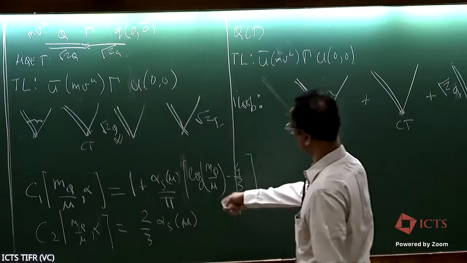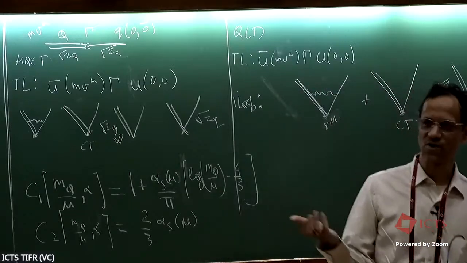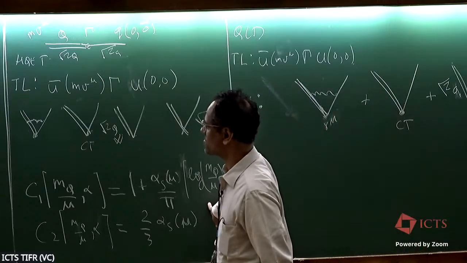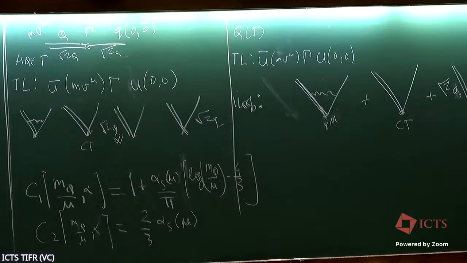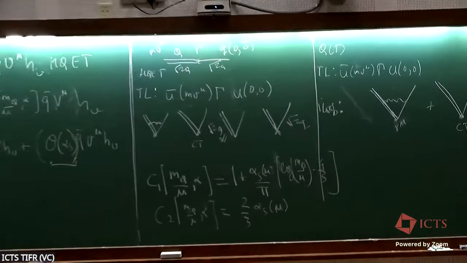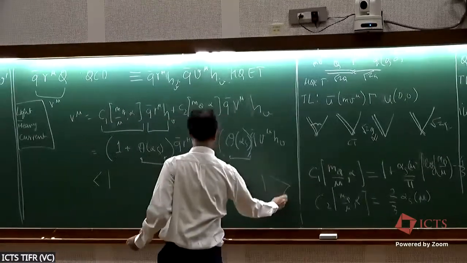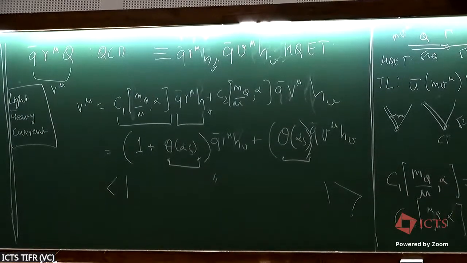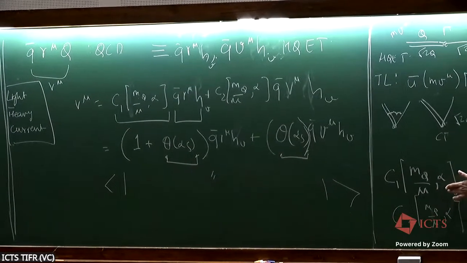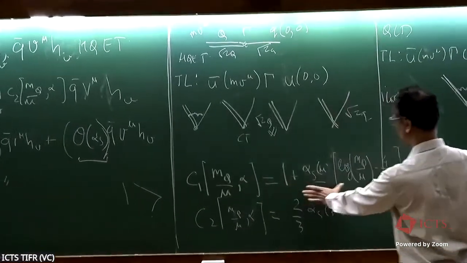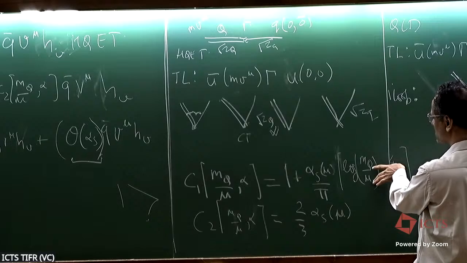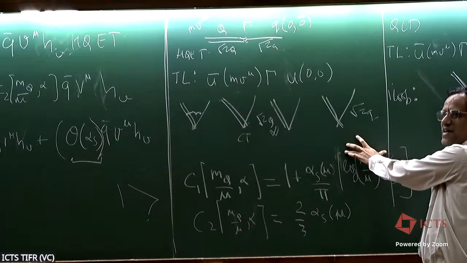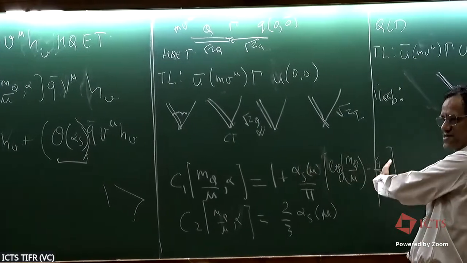This is actually a concrete manifestation of what I said: if you want to calculate some matrix element of this operator in a certain state, you'll have to renormalize it, and you'll have a renormalization scale. And C is, of course, just a number. If you take the renormalization scale to be mQ, then this log is small.